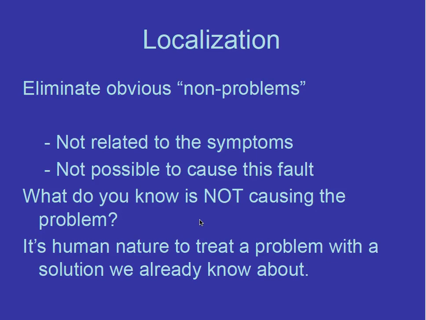So you should know what is not causing the problem in the circuit. That's also important, and you already do that in the labs also, like you check on the components which are doing fine, and by that you know what portion of the circuit is working fine, or how many components are doing okay. So that's important to know.